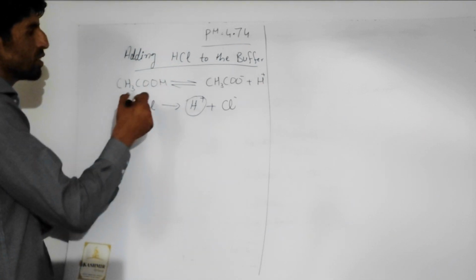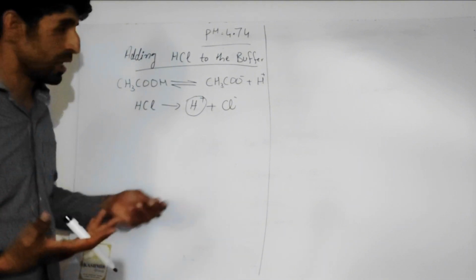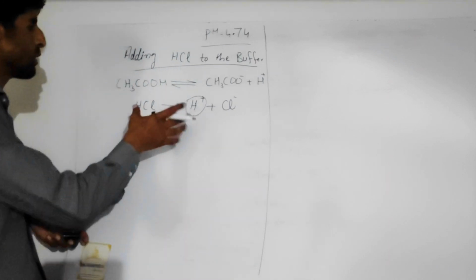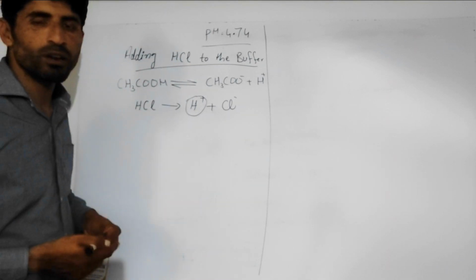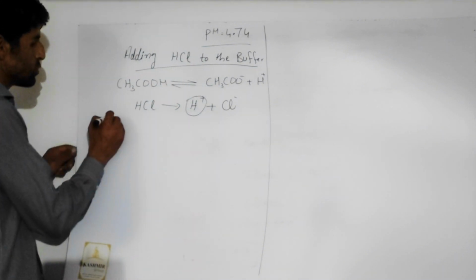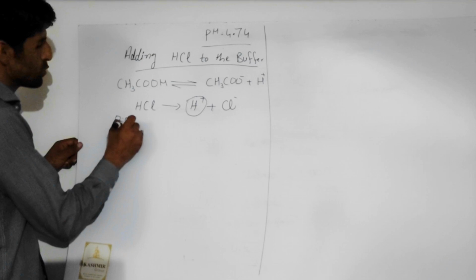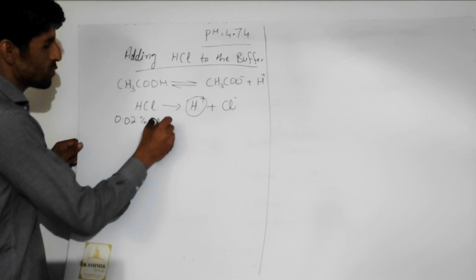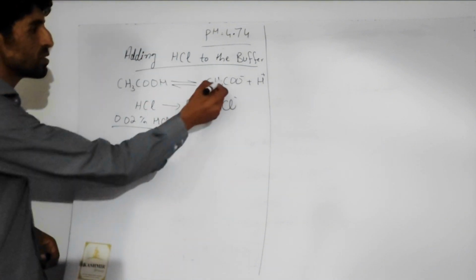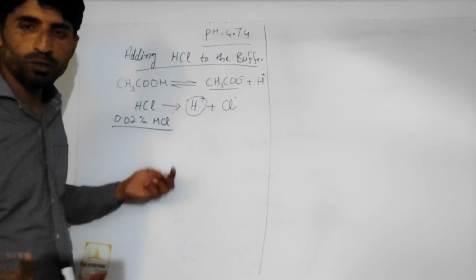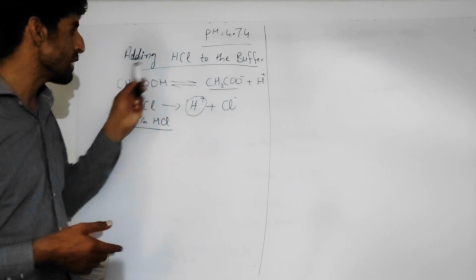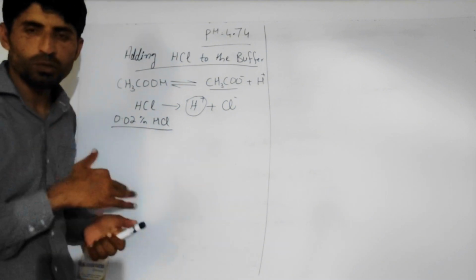So the concentration of acetic acid will increase and the concentration of acetate ion will decrease in this case.